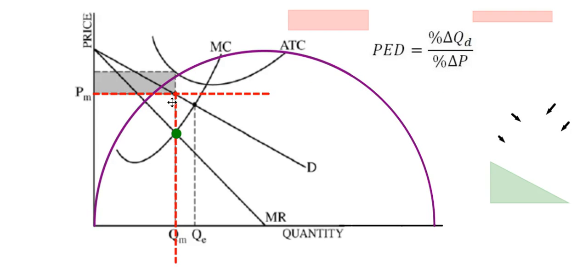Okay? Now, once you have that, you can see that your loss is going to be that area above your price and below your average total cost curve right here. So that is the area you want to shade in.